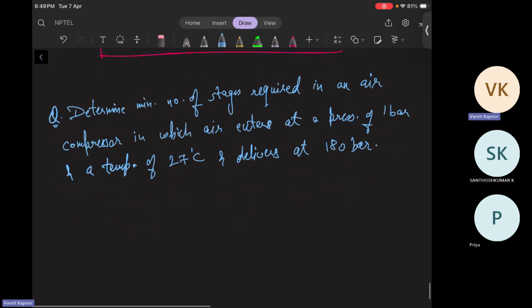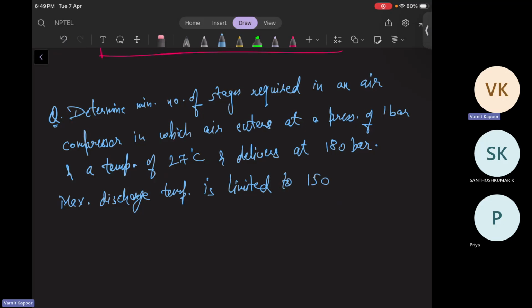Maximum discharge temperature is limited to 150 degrees Celsius, and consider the index of polytropic expression as n is equal to 1.25.